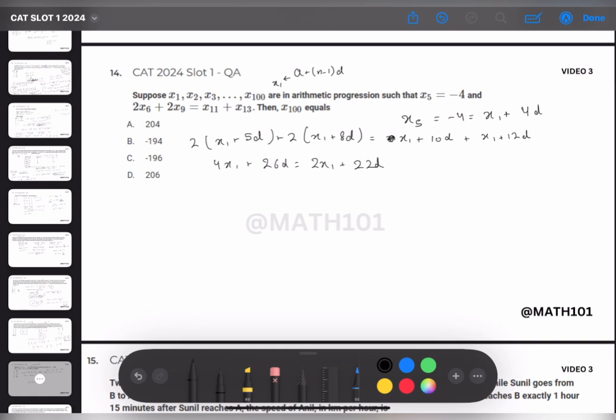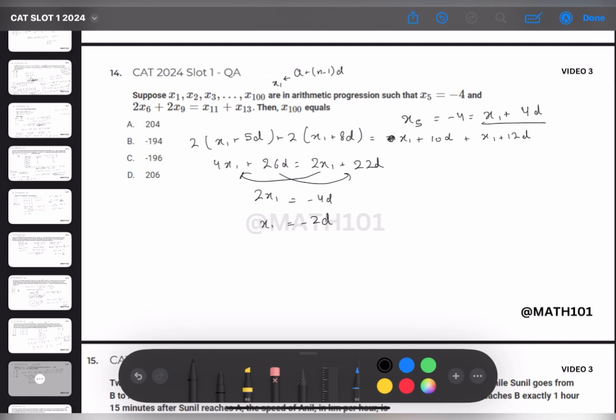So we have 2x1 equals minus 4d. This means x1 equals minus 2d. x1 plus 4d, so x1 equals minus 2d.